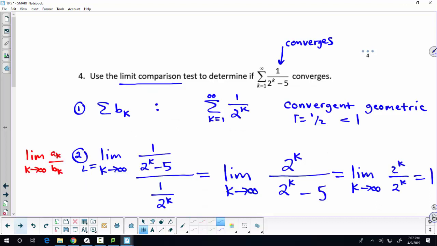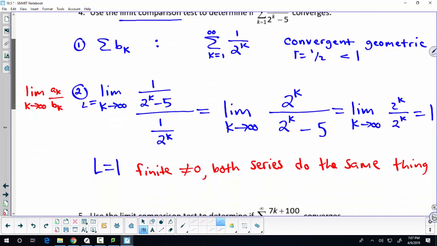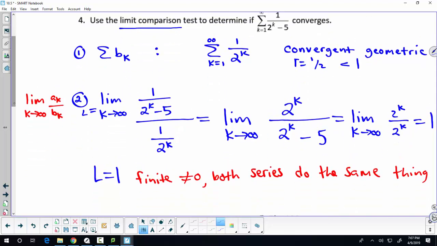Did y'all have any questions about that? If we were to use a direct comparison here, there are different criteria, but for something like this, the direct comparison is somewhat easier to establish, right? Because we know 1 over 2 to the k minus 5 is greater than 1 over 2 to the k.